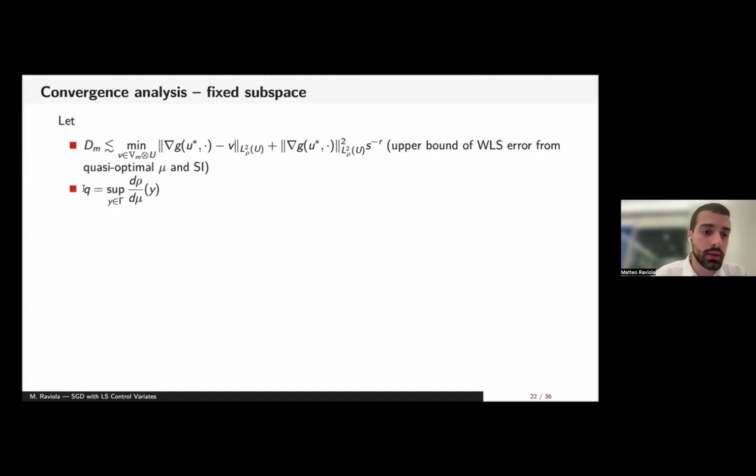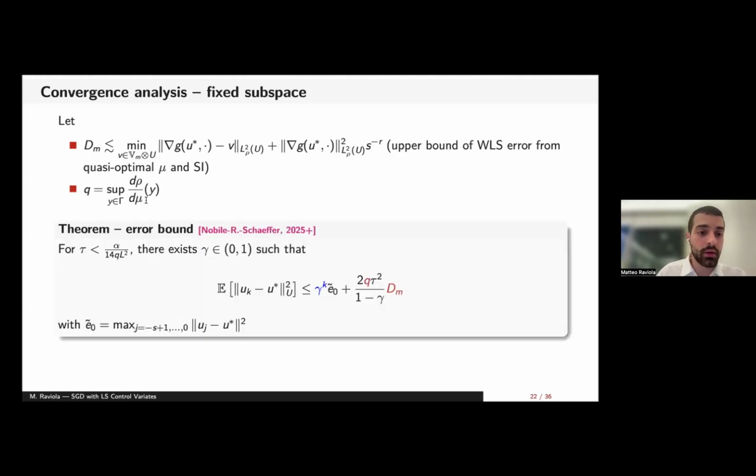Then we introduce this quantity Q, which is the supremum of this Radon-Nikodym derivative. And the theorem essentially goes like this. If the step size, which by the way is constant, I didn't draw your attention to that, but in this algorithm we keep the step size constant, if this is taken small enough, then there exists a gamma such that the error has this behavior.